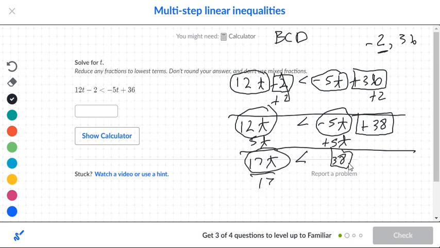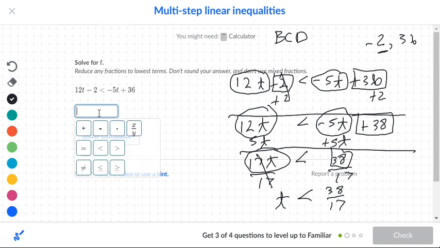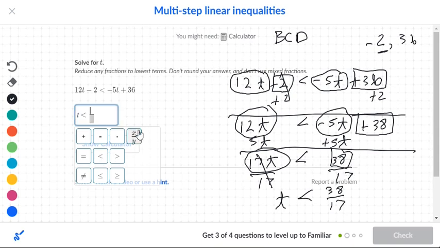So now we're going to divide by positive 17, so the signs do not change. So we have t, and then we have 38 over 17. So I'm going to go letter t, then my inequality sign, and then my fraction, and I'm going to say 38 over 17. So let's check that.